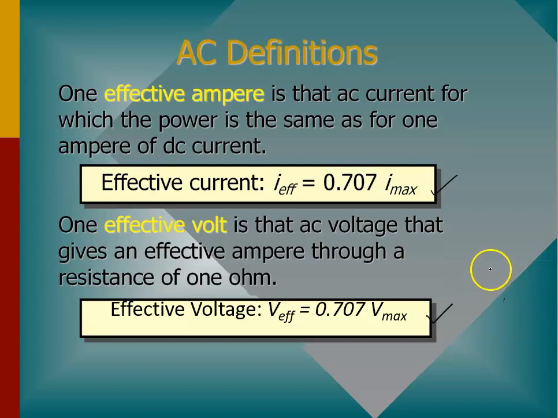The difference is I maximum is supposed to be a little bit lower than the EMF maximum. Hence, the relations of V effective and V maximum in one circuit is also similar with the I effective and I maximum. So this is the definitions of effective ampere and effective volt.